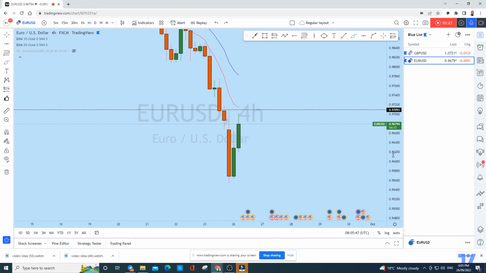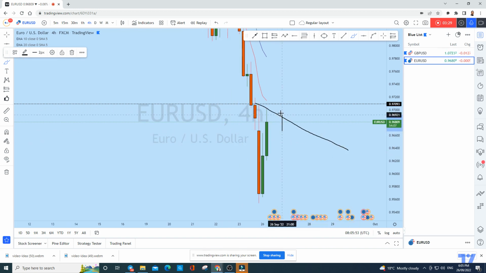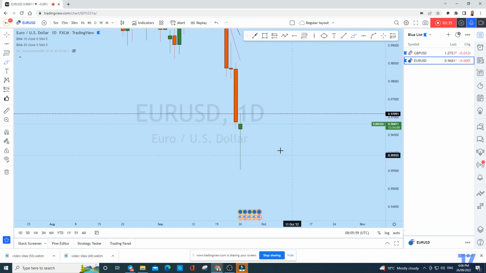What I am expecting now is that EUR/USD will probably remain in this zone, creating a channel. Probably at some point we could see a false breakout. If you look at the daily time frame, we could potentially see a daily close as a doji somewhere here, with a little bit of red body or green body.